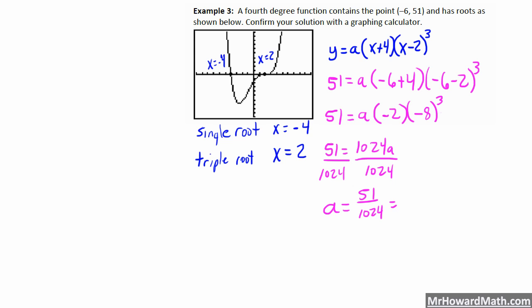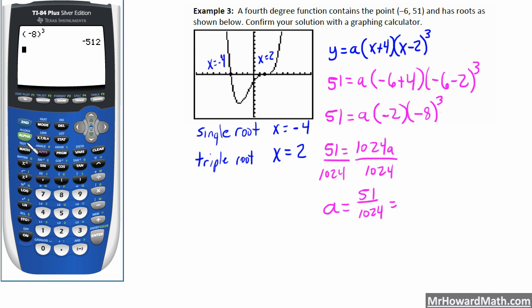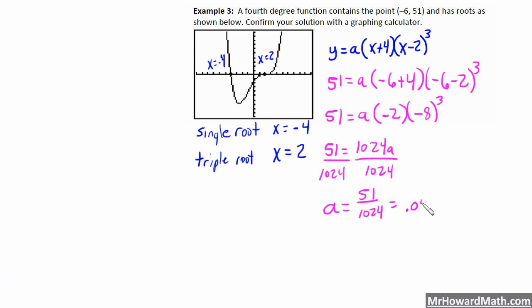We can probably approximate that as a decimal, so let's do that. 51 divided by 1024, and 0.0498 works. Alright, so a value equals 0.0498.